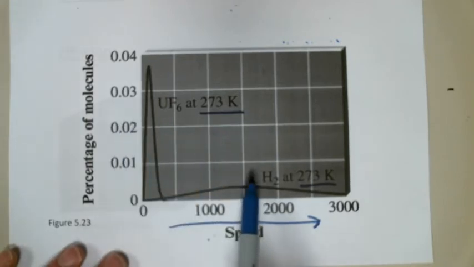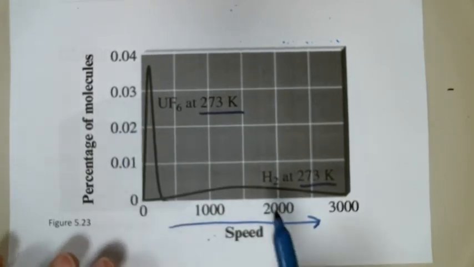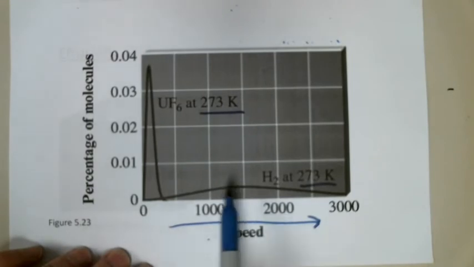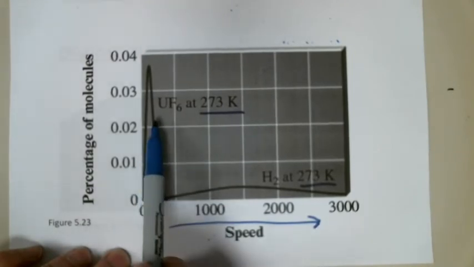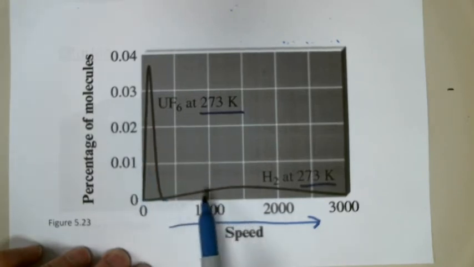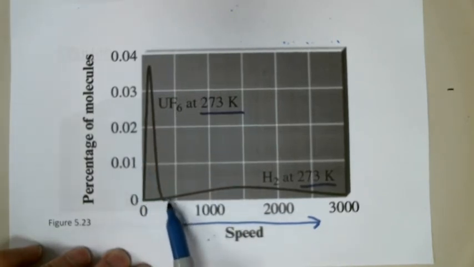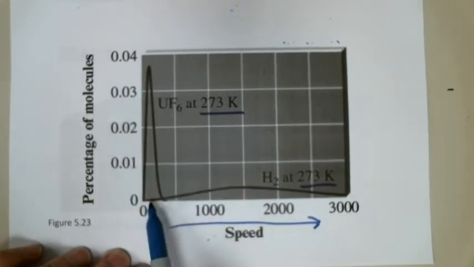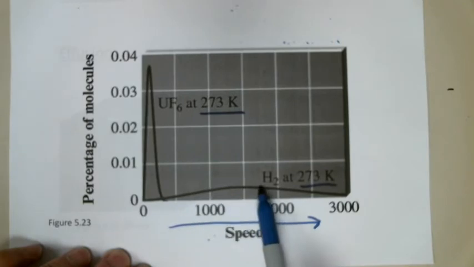So they've really drawn the contrast here. These are at the same temperature, and you see how much slower the heavier molecule is moving on average than hydrogen. Some hydrogen molecules are moving the same slow speed, but it's a distribution all the way out to here.